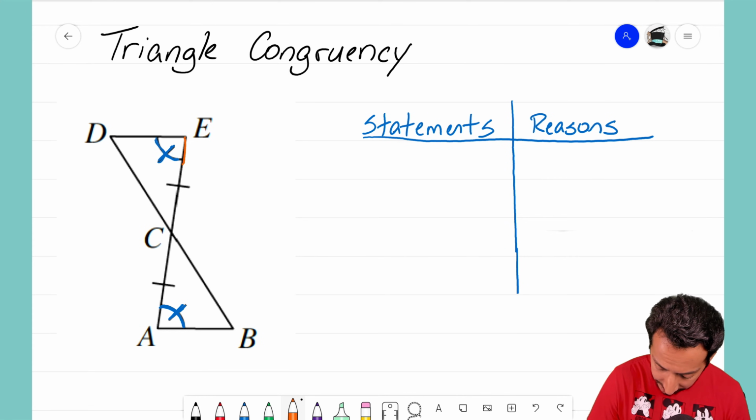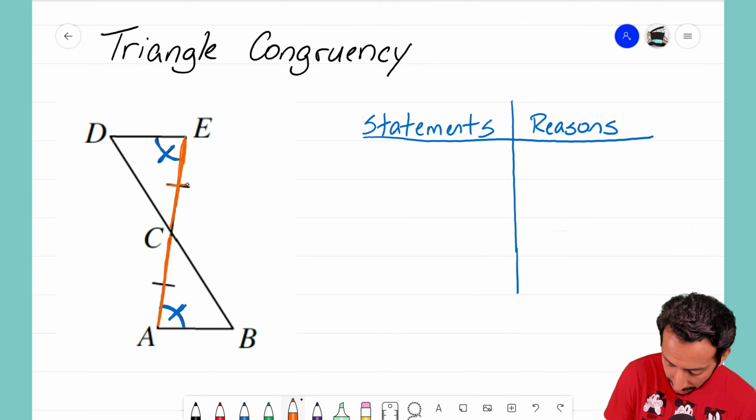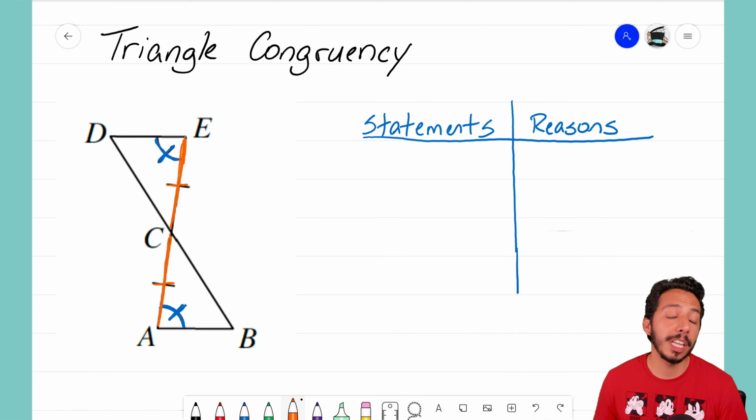The side length for the top triangle, EC, is congruent to the bottom side, AC. I know that by the single hash mark on each side telling me that they are congruent. So right off the bat, I have an angle and a side that's congruent. I really just need to find one more angle or one more side to prove that they're congruent.